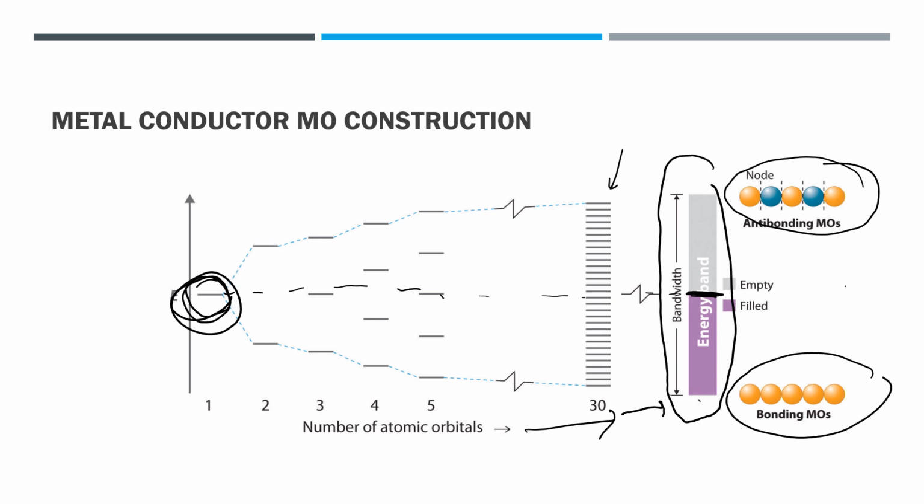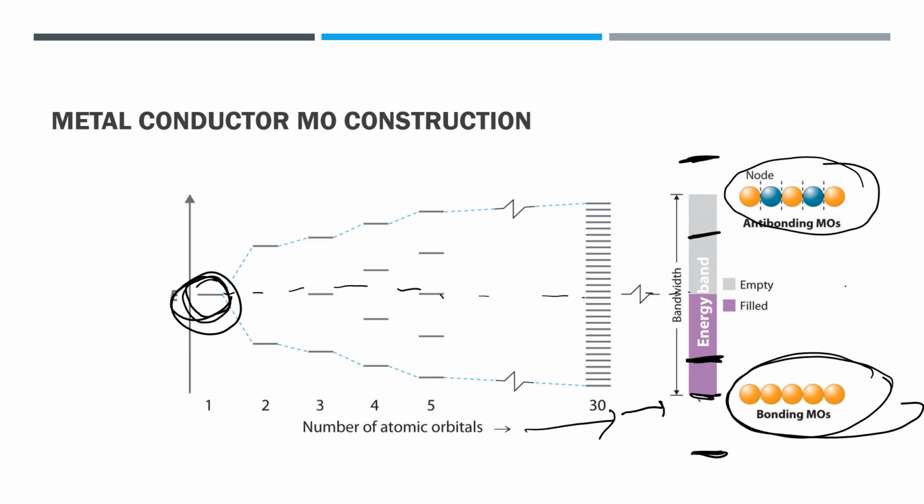Another thing I want you to take away is the depth of the energy band. What affects the depth of the energy band? What I mean by the depth is how bonding we actually form. What decides whether the bonding stops here, or goes down to here, or the antibonding goes here or there?